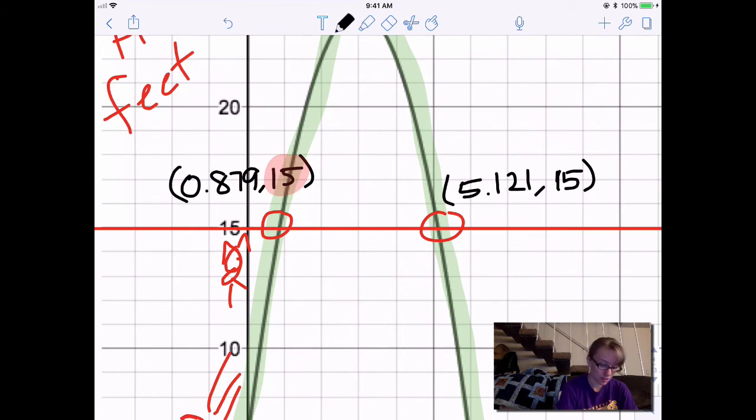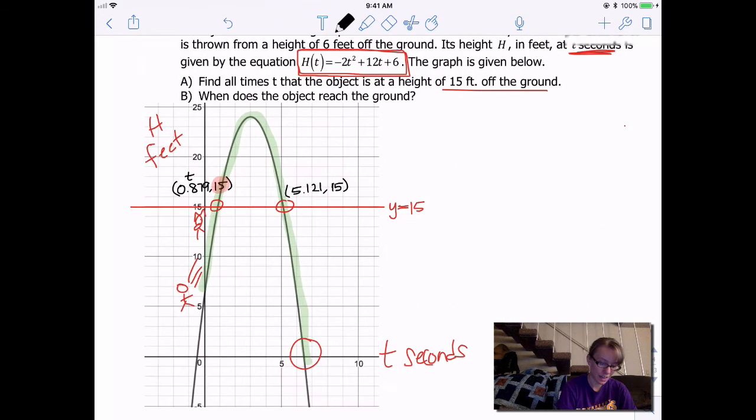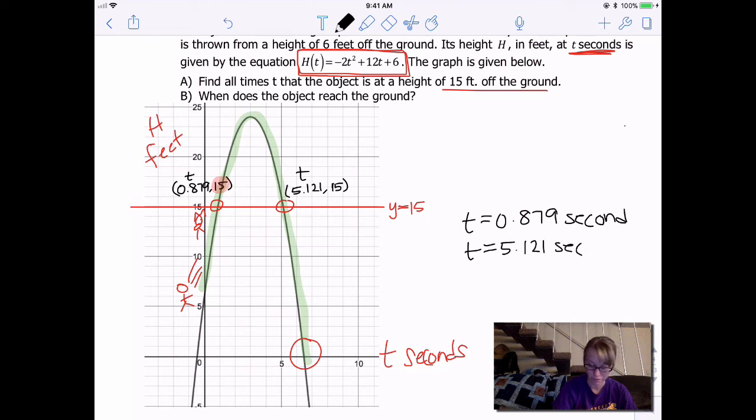So this is our t-value, our time, is 0.879 seconds. That's the first time we hit 15 feet. That's when the cat is going up. But then when the cat comes down, again I hit 15 when my t-value is 5.121 seconds.